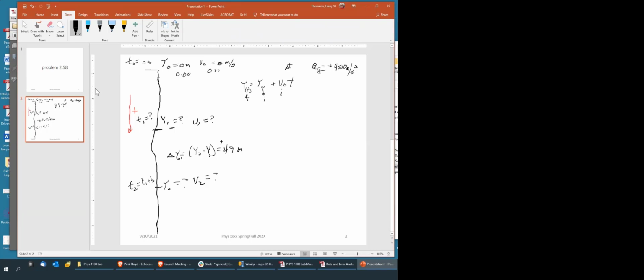It's always some delta t. A lot of times we choose the initial point to be 0, so we don't usually think of it as a delta t, but it is a time interval, plus 1/2 a t squared.